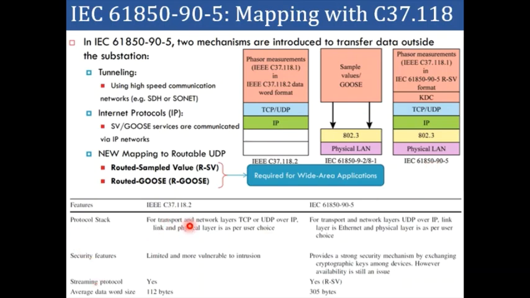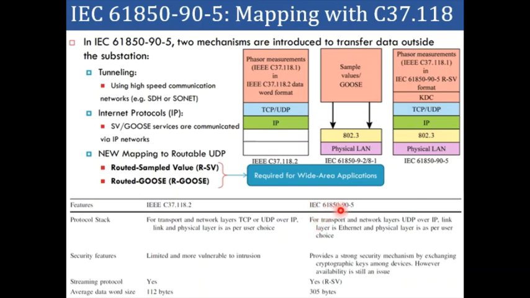So the basic difference between IEEE C37.118 and IEC 61850-90-5 is the protocol stack. IEEE C37.118 uses transport as well as network layers with either TCP or UDP over IP for the data transmission, while the data link layer and physical layers are left to the user to choose.